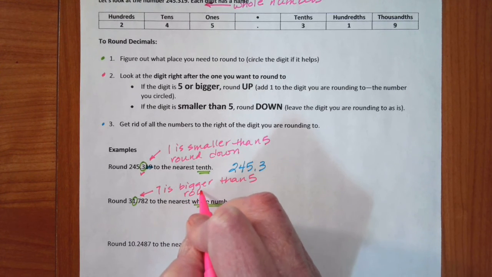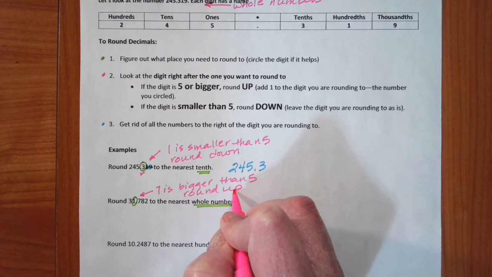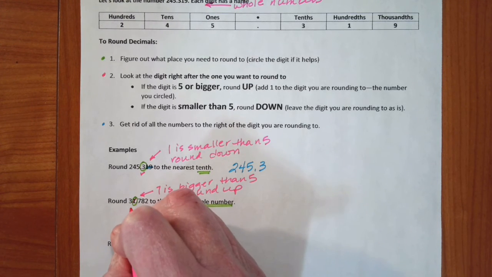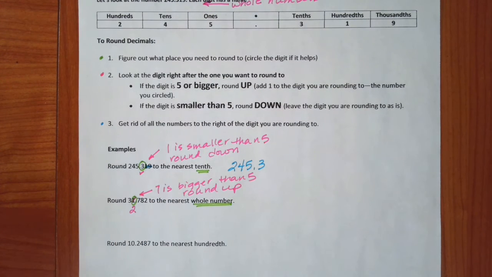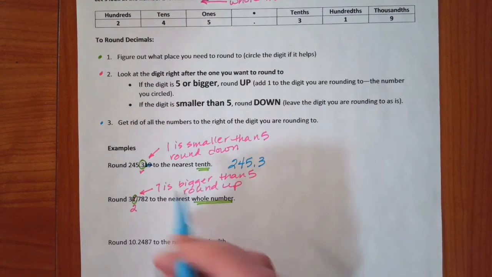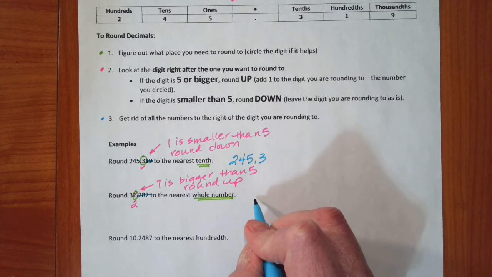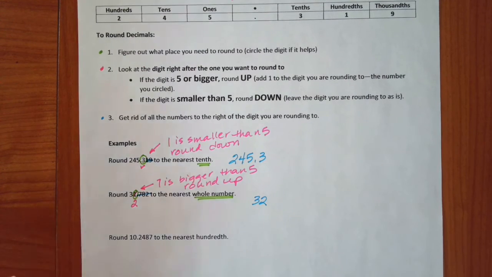So I'm going to round up, which means I'm going to take this number and add 1 to it. It becomes a 2. Then I'm going to get rid of all the digits to the right, and my answer is just 32.